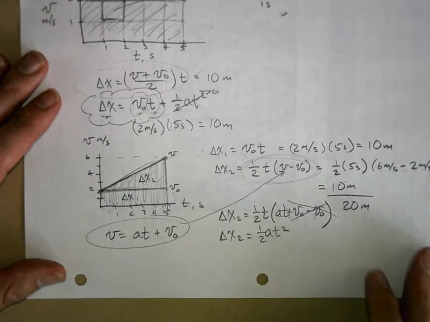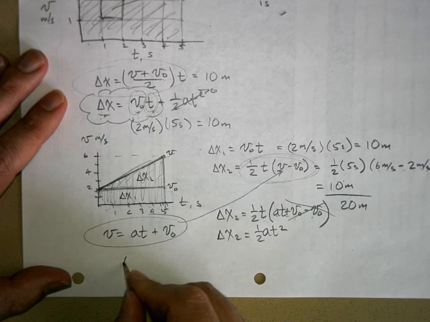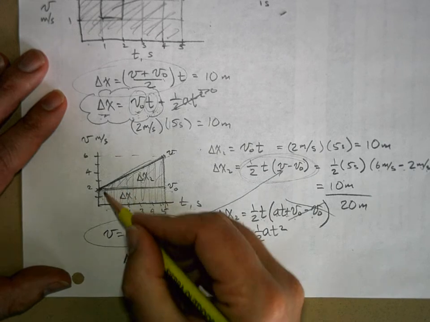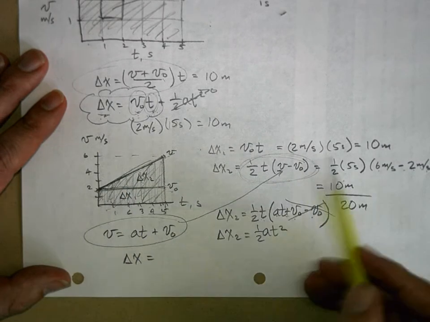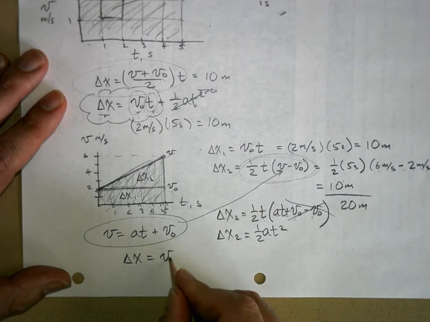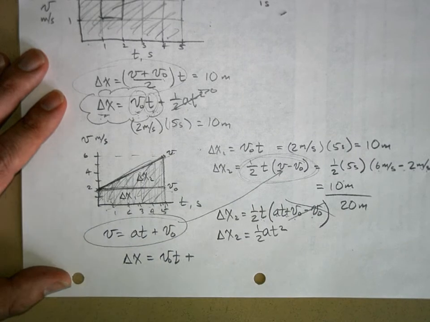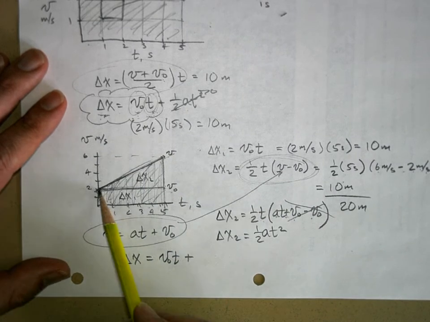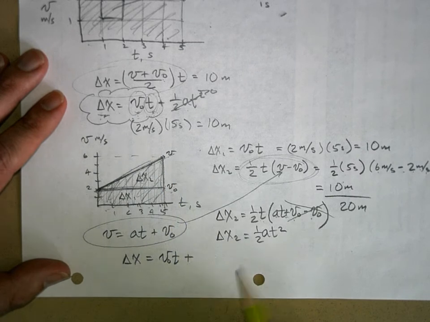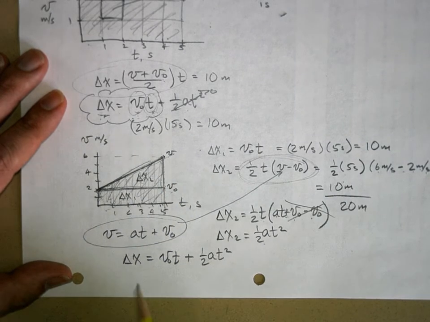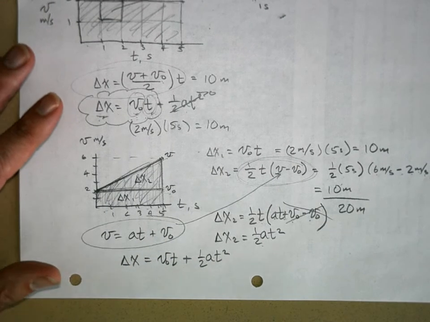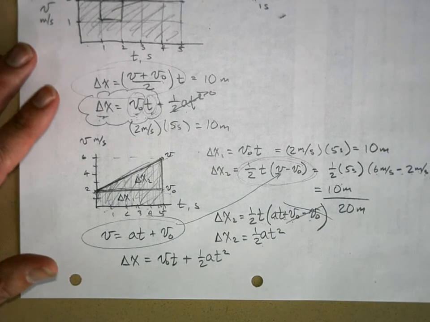So we can say delta x, the total displacement underneath this graph, is equal to delta x1, which is v naught times t, plus the area of this triangle, which can be expressed as 1/2 a t squared. And that's the third kinematic equation, derived in a slightly different way than we did last time.